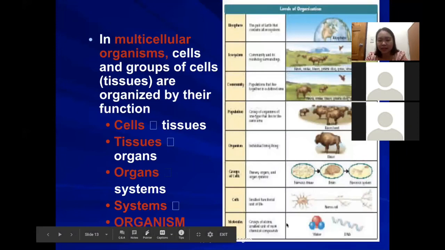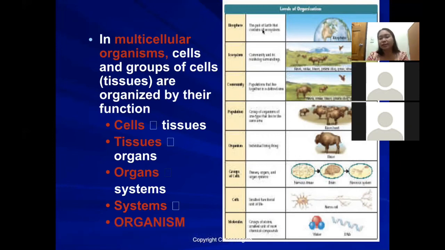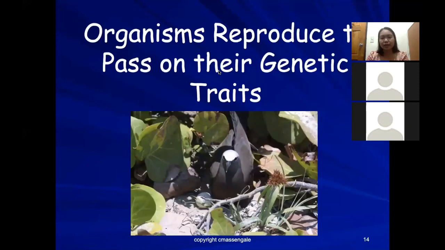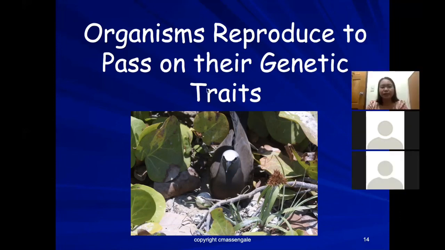Like this is a molecule, cell, group of cells, organism, population, community, ecosystem, and biosphere. Not so clear, but anyway, in the next slides you will see the different levels. So organisms reproduce to pass on their genetic traits.